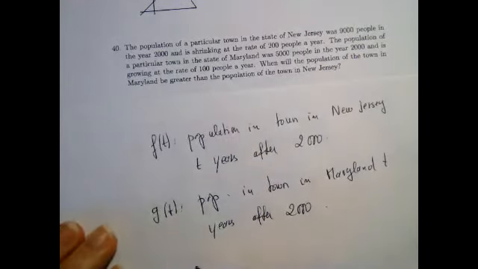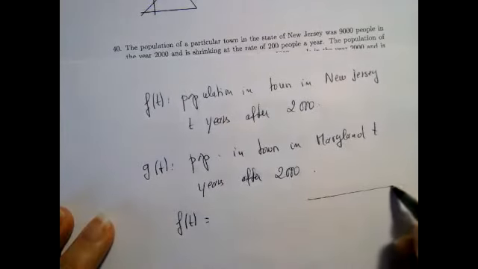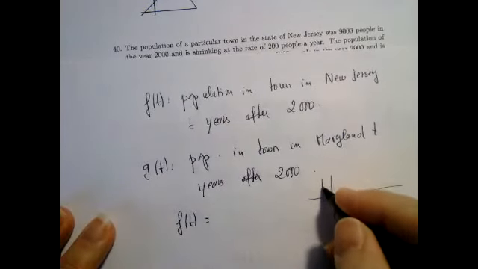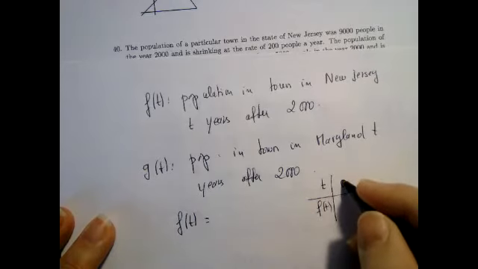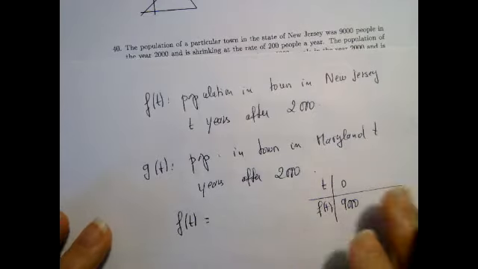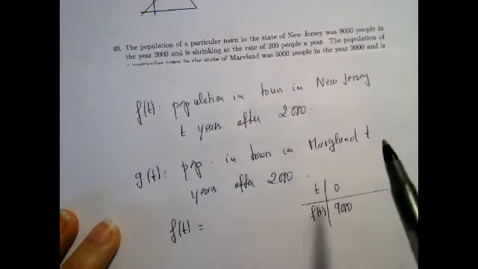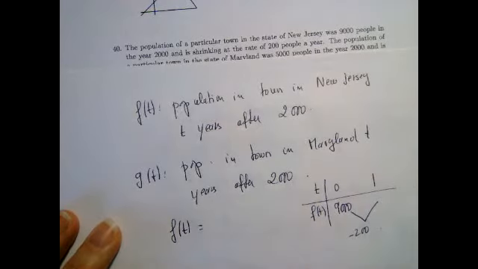Who can give me the formula of f of t? What's the population after t years? The population is, as we always did, initially 9,000. And it's shrinking at the rate of 200 per year, meaning after 1 year, it's going to go down by 200. So what's f of t?